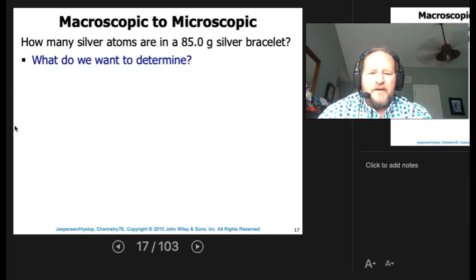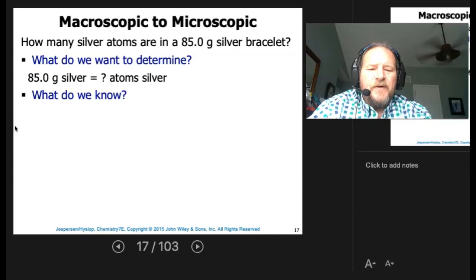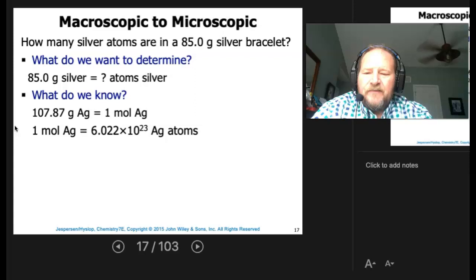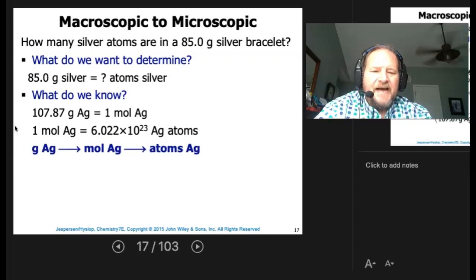Well, what do we want to determine? Well, this time we're going to go from mass to atoms. So, what is it that we know? Well, we can go to our periodic table. We can find the mass. We also know we have a relationship with particles to the mole. So now what we're going to do is a two-step problem. We're going to go from mass to mole and then mole to atoms.